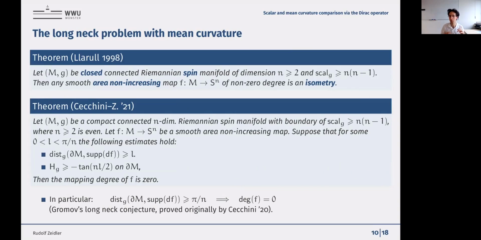So to do this, one needs to impose an assumption, and one possibility for this to make sense is to require that the map is actually constant near the boundary.